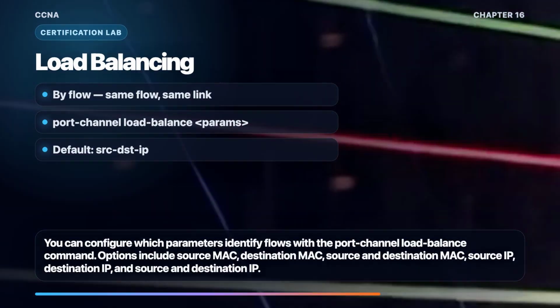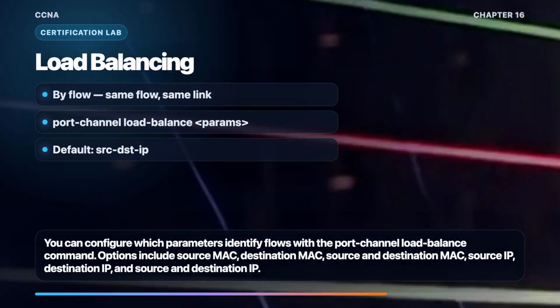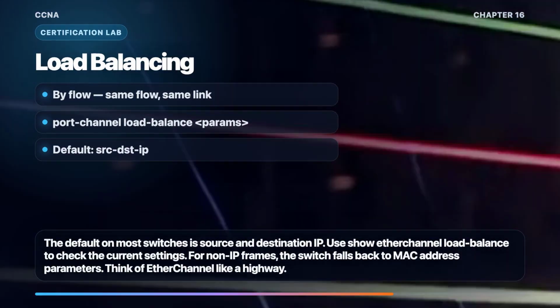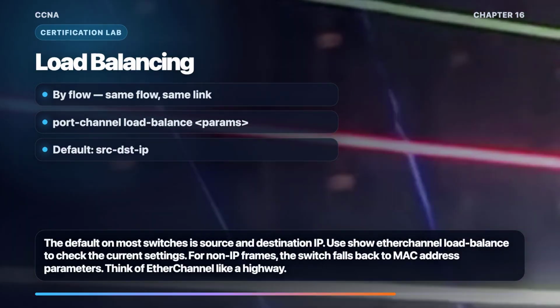Options include source MAC, destination MAC, source and destination MAC, source IP, destination IP, and source and destination IP. The default on most switches is source and destination IP. Use show etherchannel load-balance to check the current settings. For non-IP frames, the switch falls back to MAC address parameters.